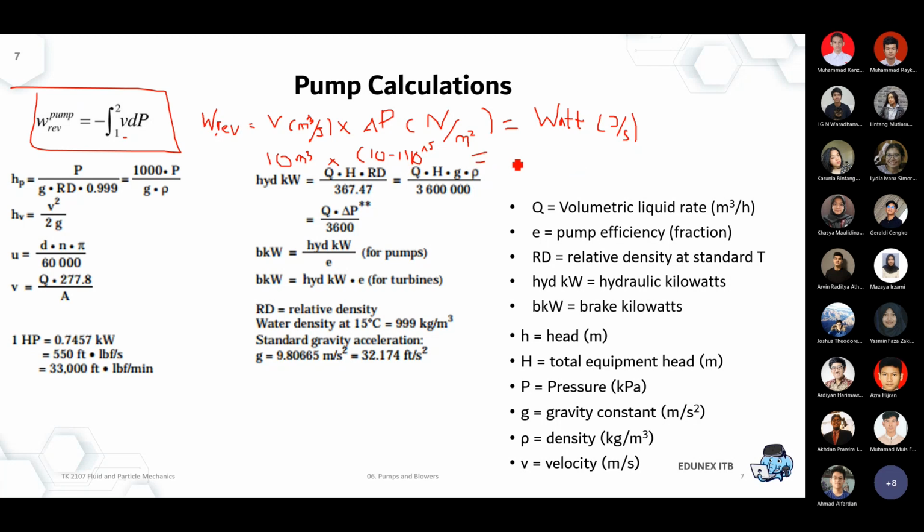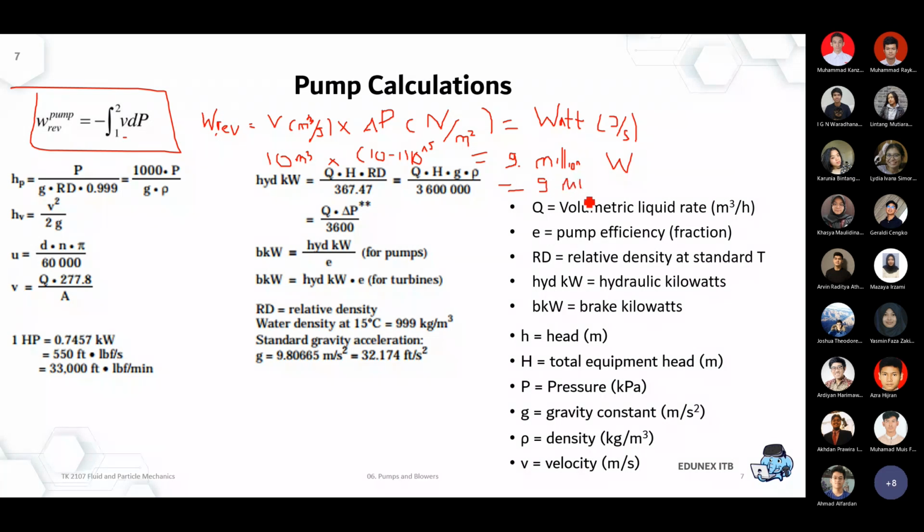Using this example, you will get a very big pump requirement, close to 9 million watt, if my calculation is correct. Or 9 megawatt. So that's a very big pump.